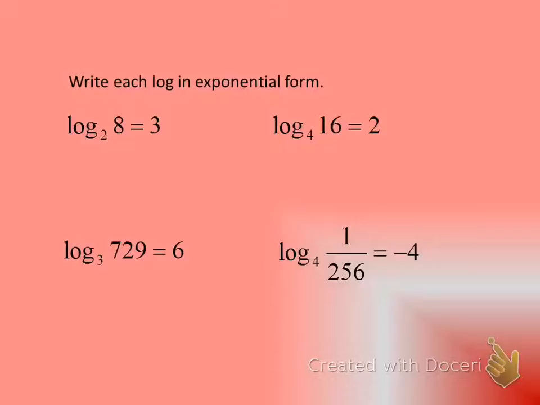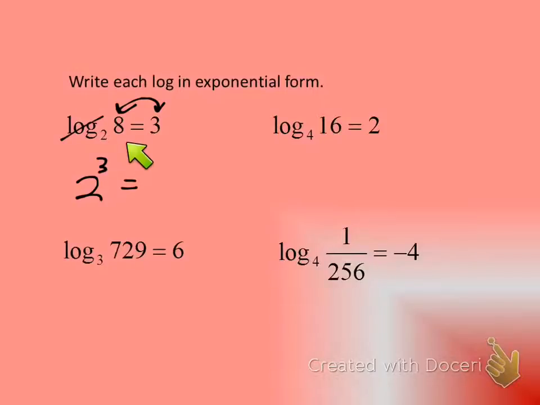Okay, the questions coming up, you're going to do by yourselves, so hopefully you pay attention just a little bit. Basically, the way I teach it is this: switch these two and drop the log. The base of your log becomes the base of your exponent. What you equal becomes your exponent, so 2 cubed.